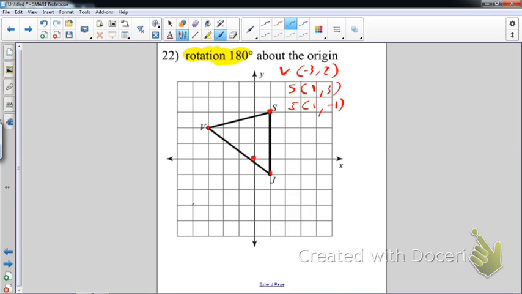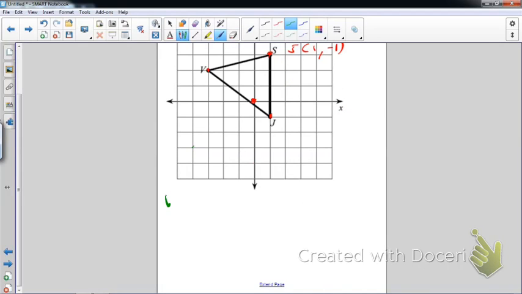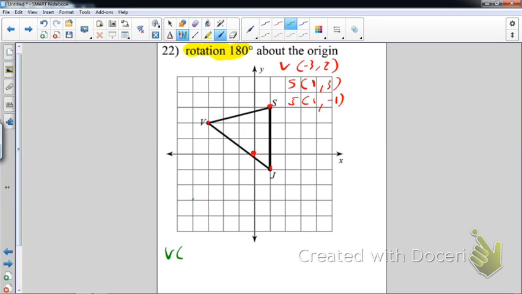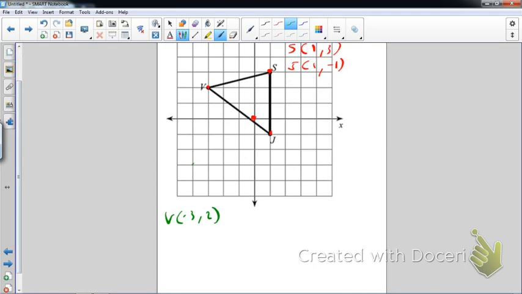Let me make some room here. So V for us is located at -3, comma 2. And if I'm going to rotate it 180 degrees, what's going to end up happening is that I need to multiply the x and the y by a -1, both on the x, okay, and on the y, and then I'm going to interchange them.